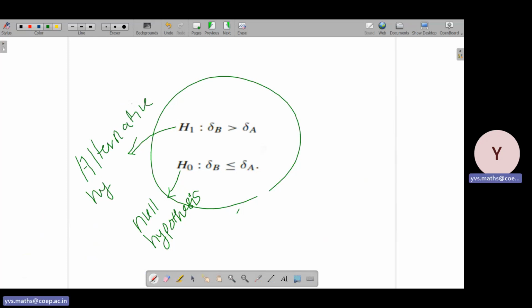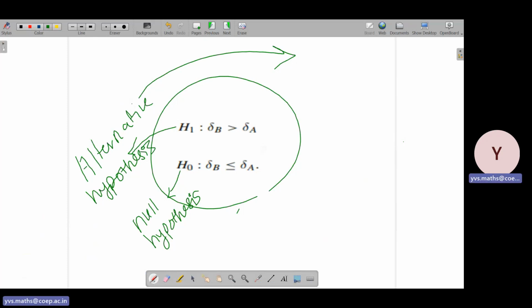The alternative hypothesis is the hypothesis that we want to test. It is not mandatory that the alternative hypothesis, or the statement we are making based on the small sample, has to be the statement that we want to test.